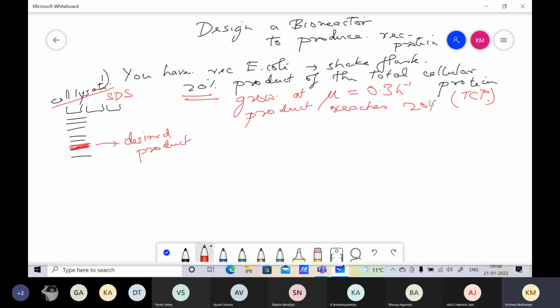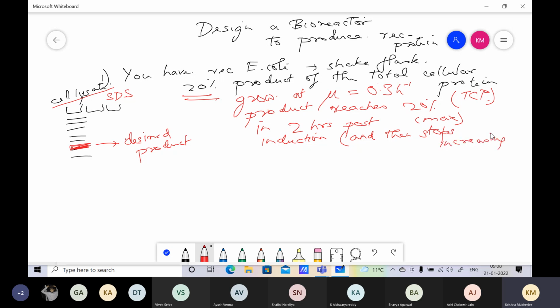That is the maximum value, in 2 hours post-induction. After that, as I talked about, the CSR gets triggered, and there is no growth and no further product formation. After 2 hours, it stops increasing further.